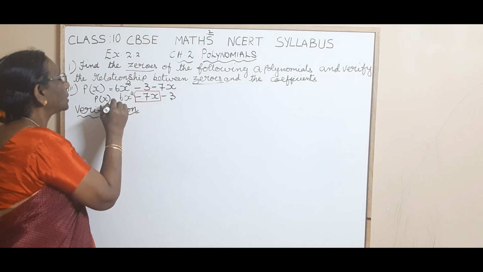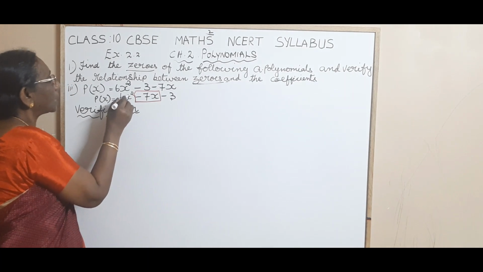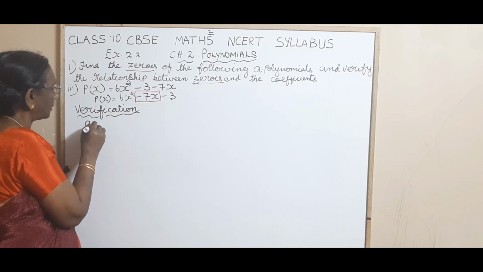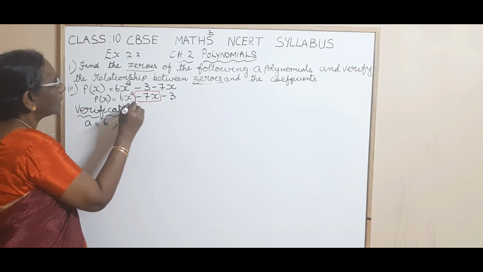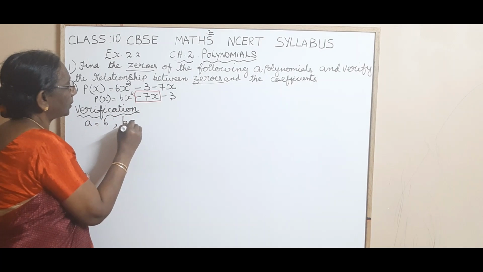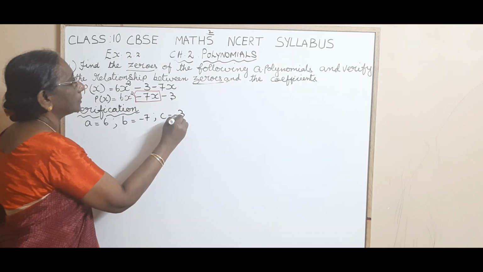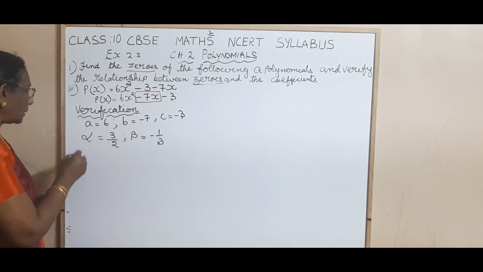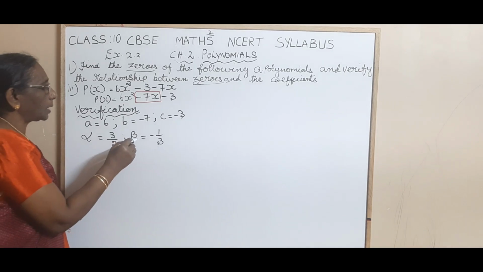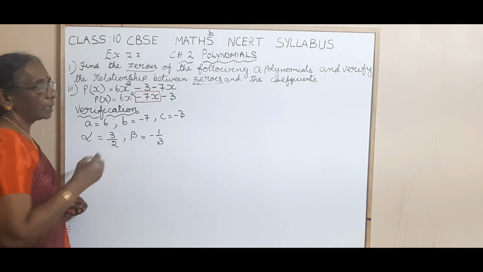So, now what is the coefficient of x squared? That is a is equal to 6. Then b is equal to minus 7. c is equal to minus 3. Now alpha is equal to 3 by 2 and beta is equal to minus 1 by 3.